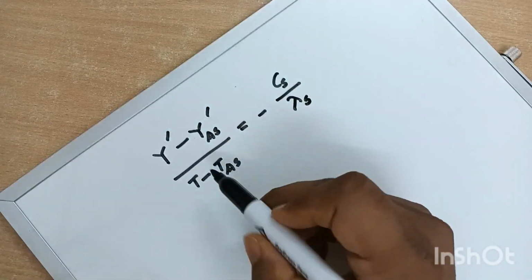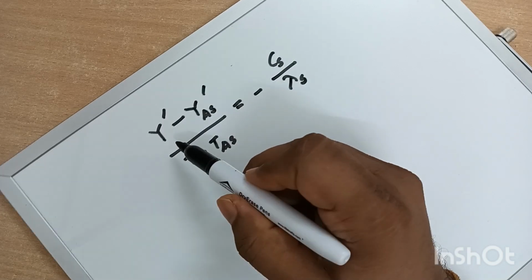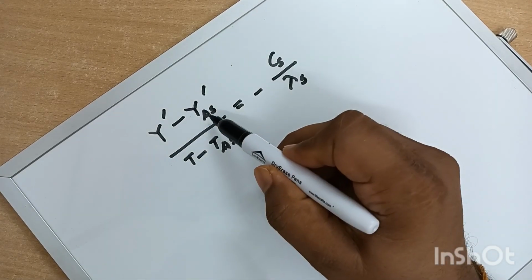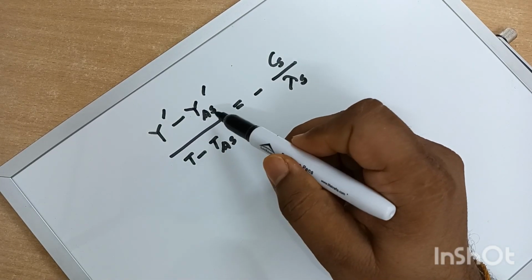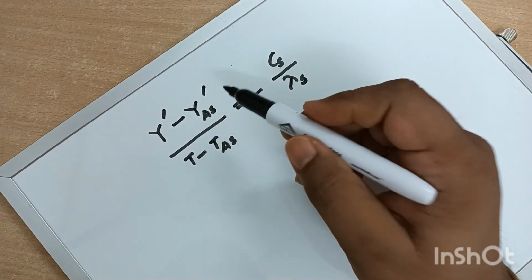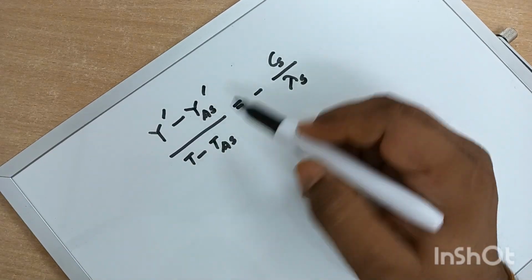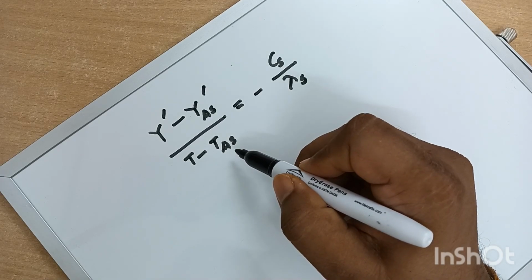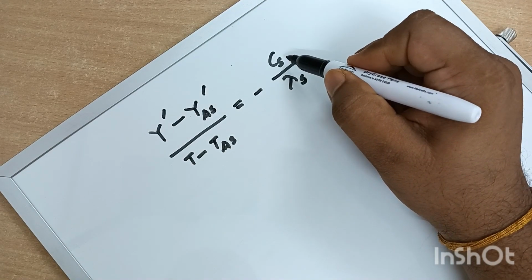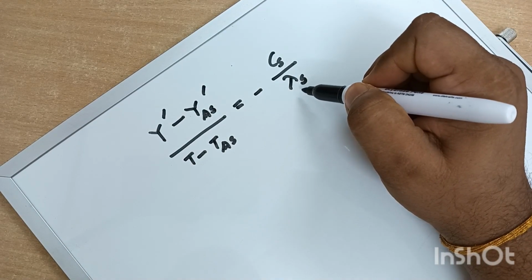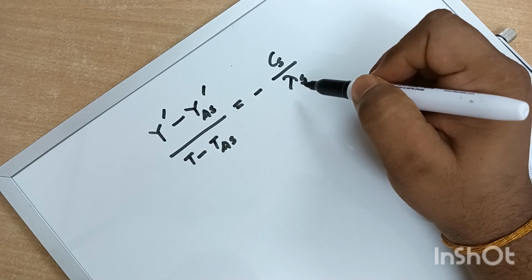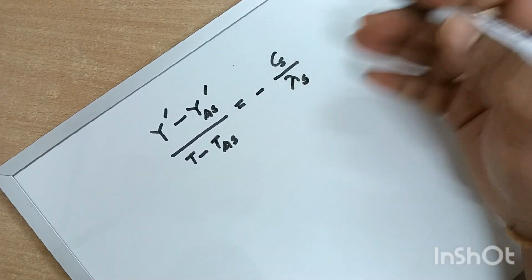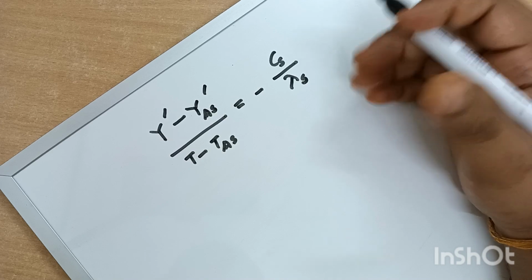Okay, so y' stands for absolute humidity, y_as' stands for humidity corresponding to adiabatic saturation, T stands for the dry bulb temperature, T_as stands for the adiabatic saturation temperature, C_s stands for the humid heat, and λ_s stands for the latent heat of vaporization of water, and we are discussing a water vapor-air system here.